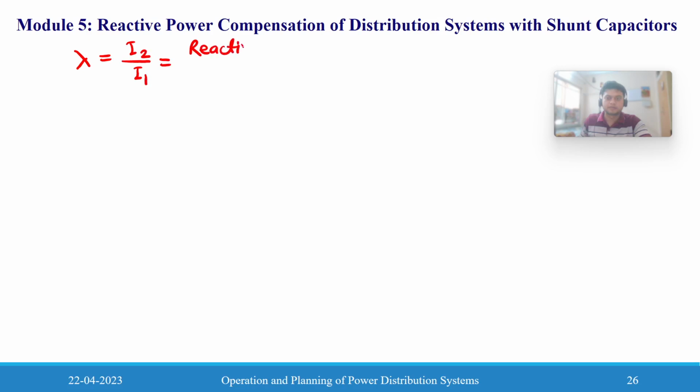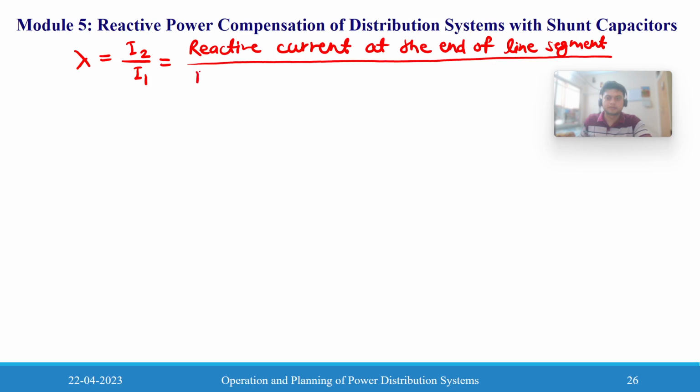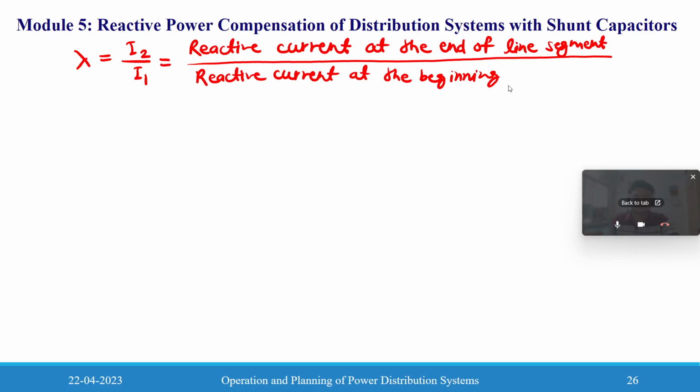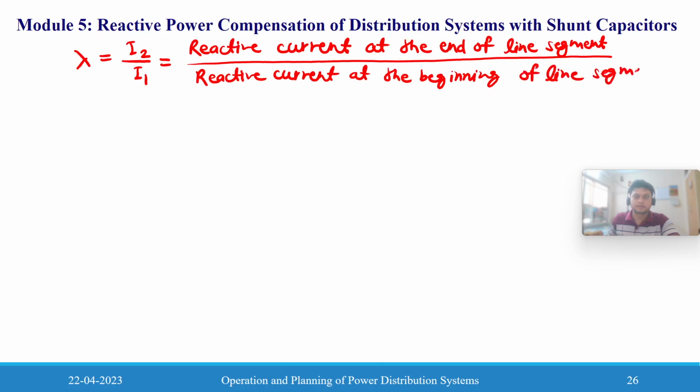I2 is the reactive current at the end of the line segment, to the reactive current at the beginning of the line segment, I1.